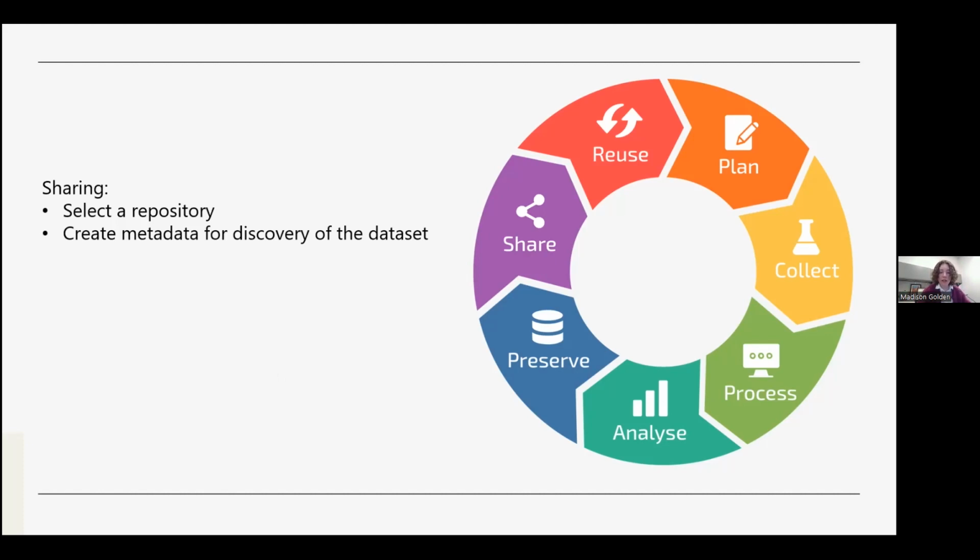There are a lot of considerations that go into where you're going to store it, basically based on how big of a file size they would allow you to deposit, what formats or types of data, maybe they're images only, maybe they only accept CSVs or something like that, and whether they accept sensitive data. So if you're working with human subjects, or certain animal populations, that can be an issue. And then some do cost money, some are free. That's a pretty big differentiator for a lot of people.